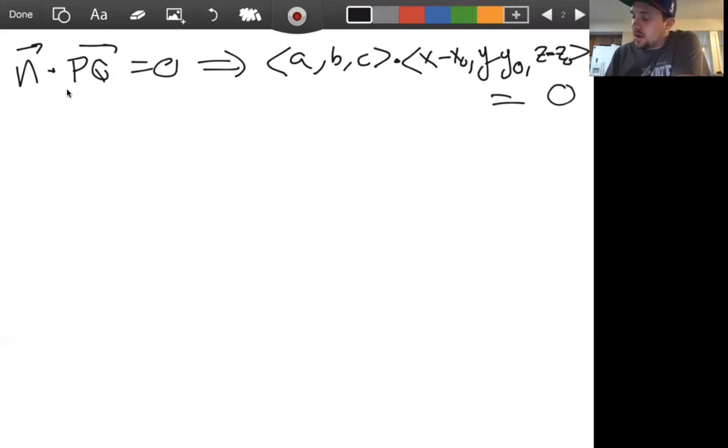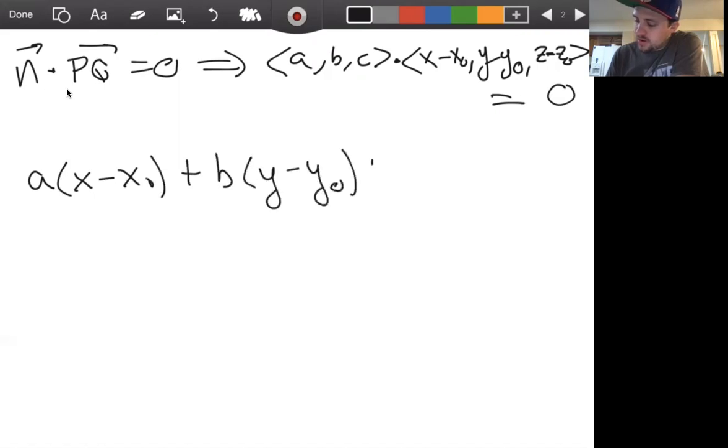And now we can actually compute the dot product to get a scalar equation for this plane. So if we take the dot product here, we have A times x minus x naught plus B times y minus y naught plus C times z minus z naught equals 0.